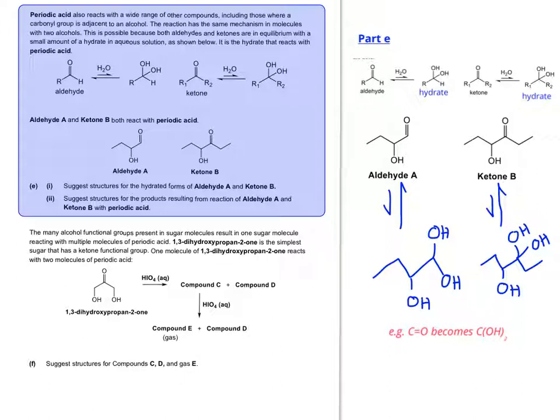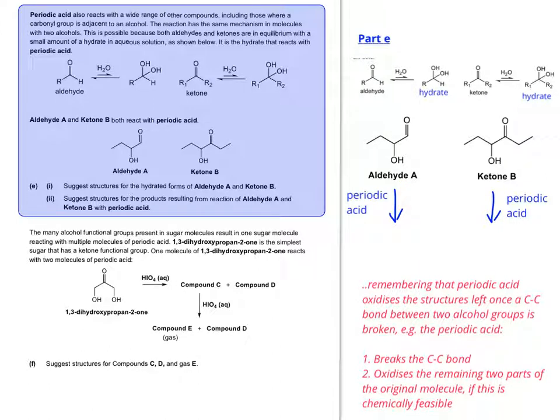And then it wants you to suggest structures for the products resulting from the reaction of aldehyde A and ketone B with periodic acid. Remembering what the periodic acid does, it oxidizes the structures left once it's broken the carbon-carbon bond. Now the carbon-carbon bond has to be between two alcohols, or maybe between an alcohol and a carbonyl.